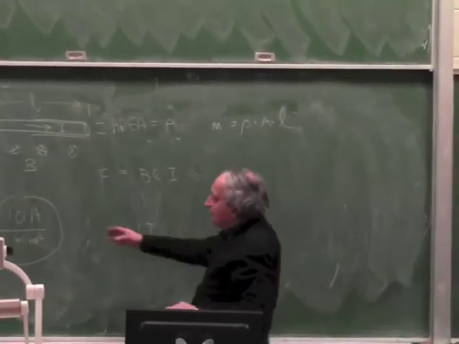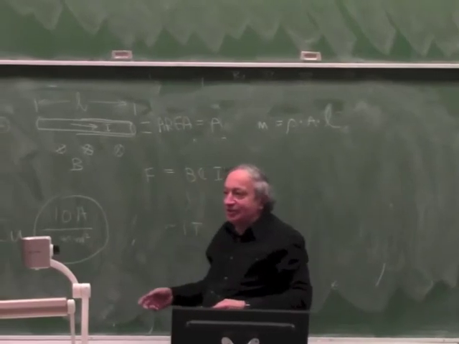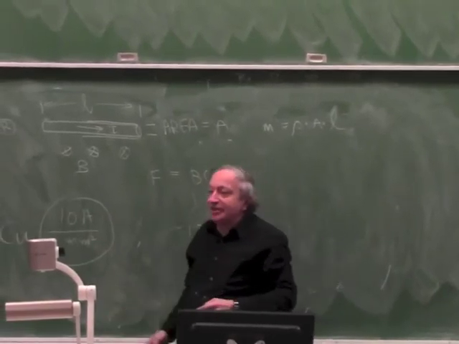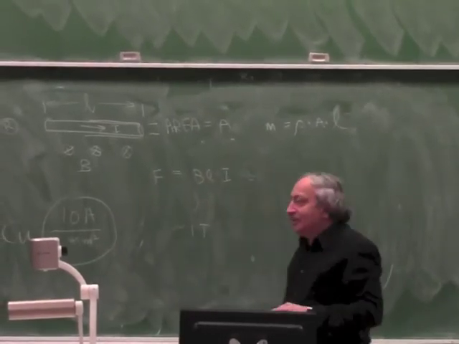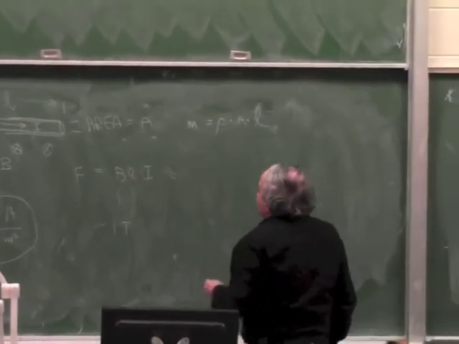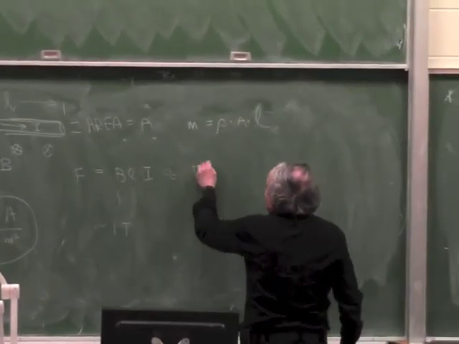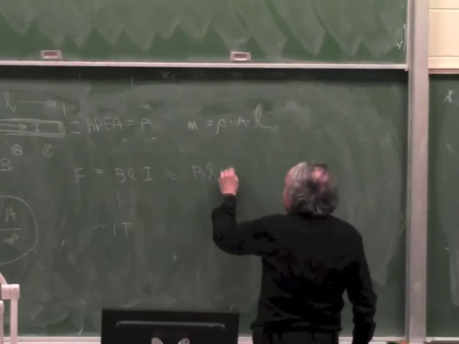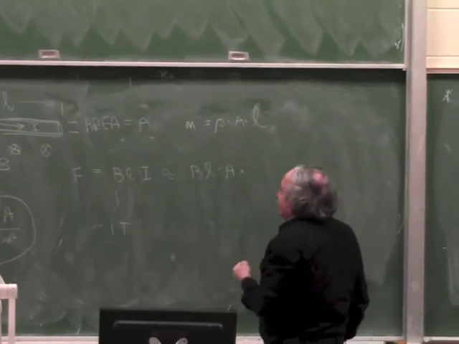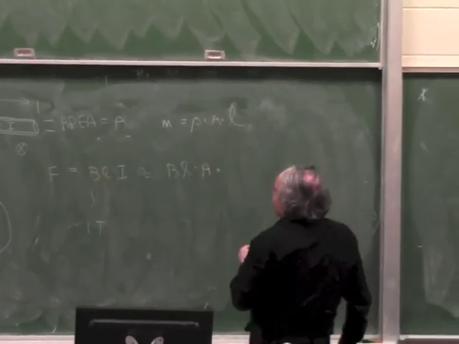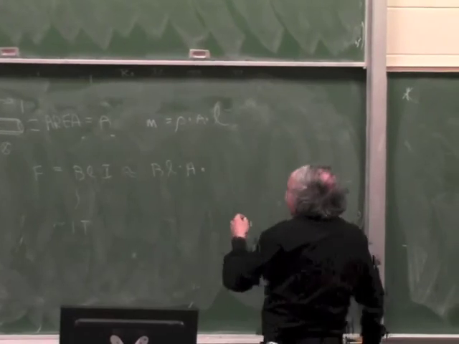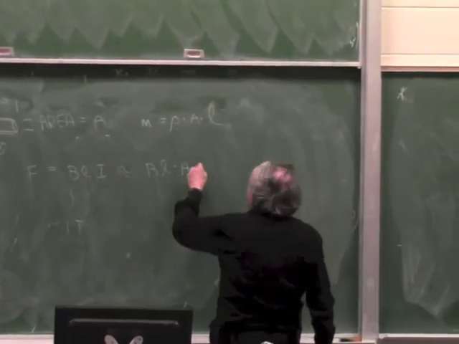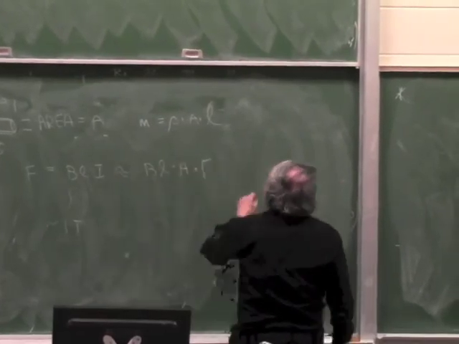We have to convert this, of course, to MKS units. So a square millimeter is 10 to the minus 6 square meter. Okay, so this is roughly B L times A times some current density number. And the current density number we just call gamma.